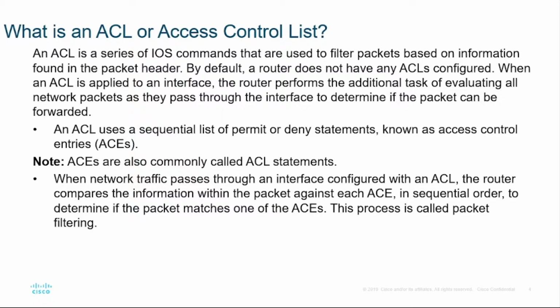When network traffic passes through an interface configured with an ACL, the router compares the information within the packet against its ACEs in sequential order to determine if the packet matches one of the ACEs.